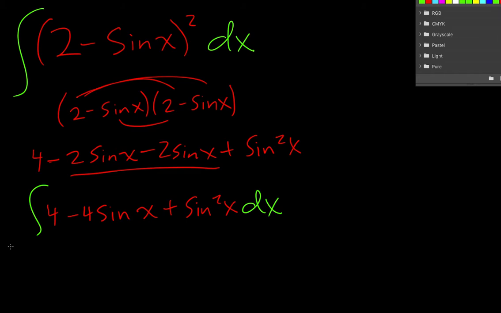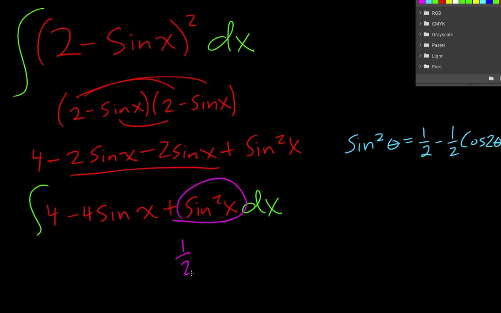And what we're going to do is we're going to use, I'll write it down, but we're going to use this fact. Sine squared theta is equal to 1/2 minus 1/2 cosine 2 theta. So I'm going to replace that with that.